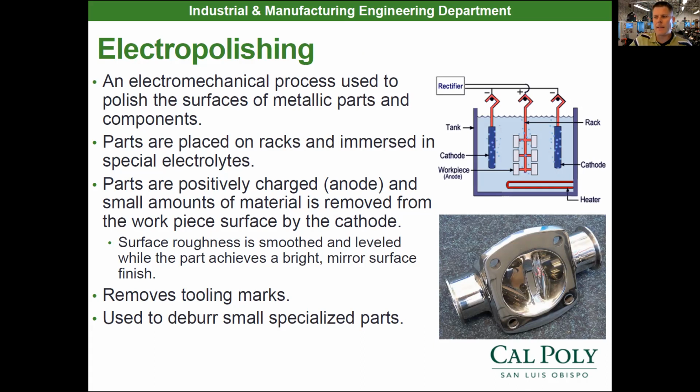So if I was to look at the surface of a workpiece, there'd be lots of peaks and valleys like you see right here. So what's happening with electropolishing is all these peaks basically get dissolved thanks to that potential energy difference right there. So it can remove tooling marks and deburr small specialized parts with electropolishing.